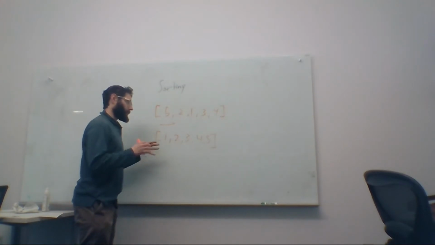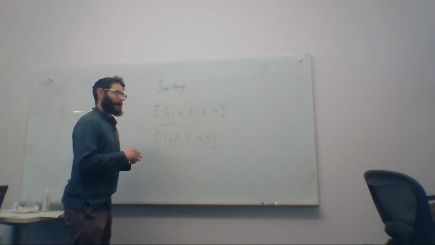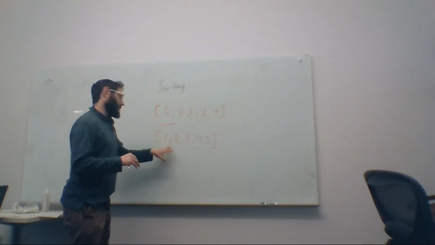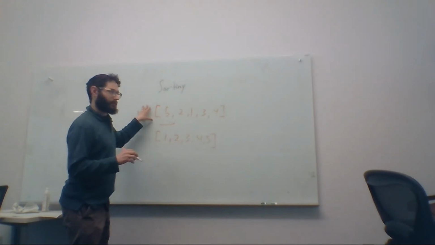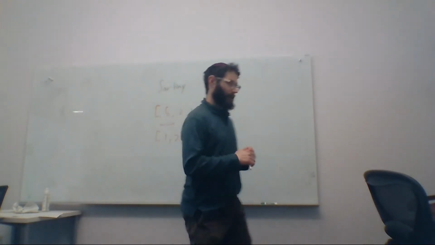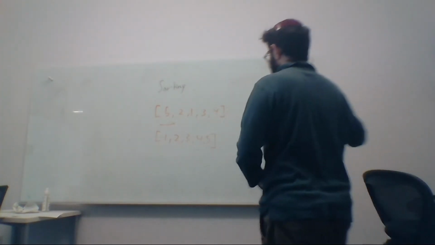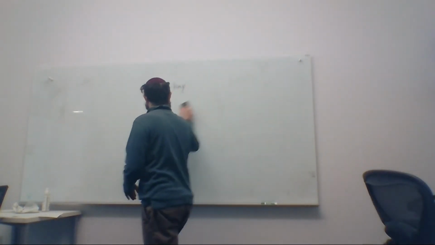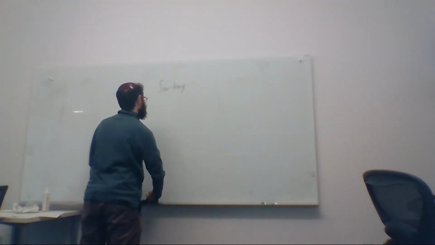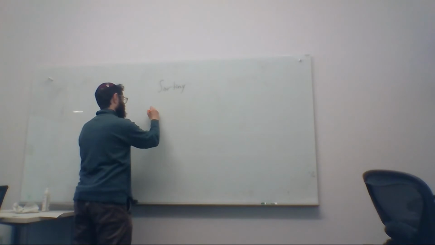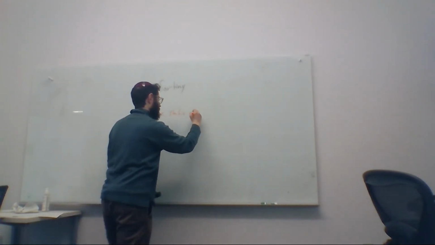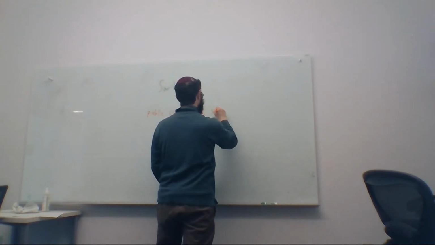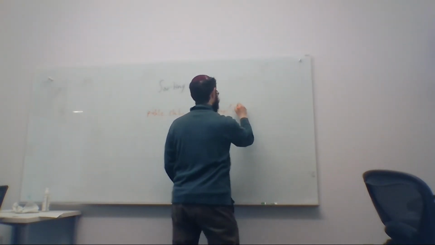So we're swapping elements, making sure that we end up with a sorted array, but it's the same array as the old array, just with the elements swapped around. So we need to write a swap function, and you'll want this in your program. It looks like this: public static void swap, given an int array.